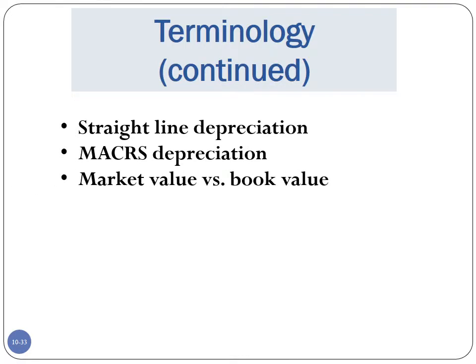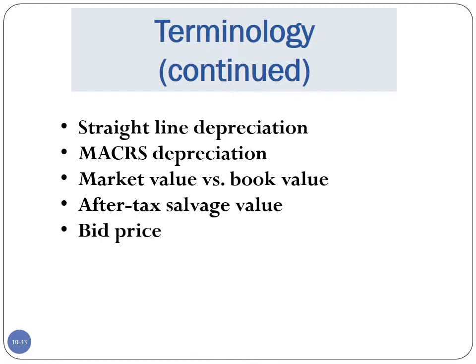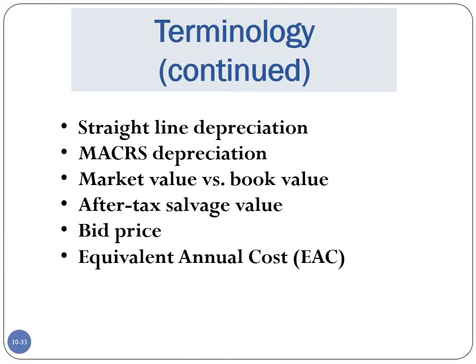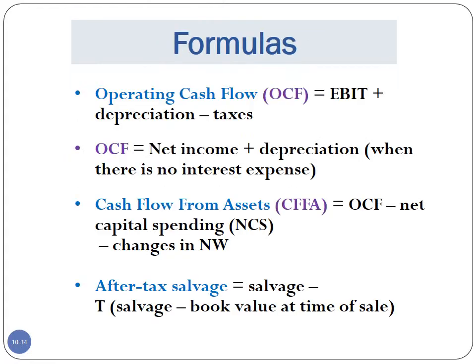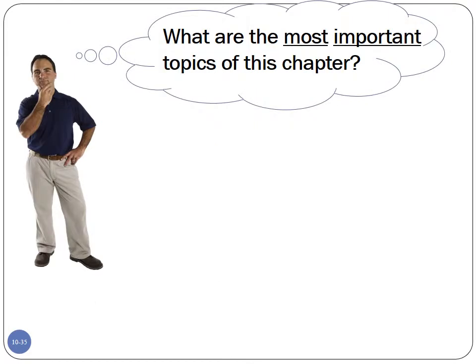The market value versus book value, how are they different for assets that are being sold? And what is the after-tax salvage value of an asset, as well as the bid price? Don't focus too much on cost. We're not going to really worry about that, but just know that these are some of the formulas you may be working with for operating cash flow and cash flow from assets, as well as after-tax salvage.